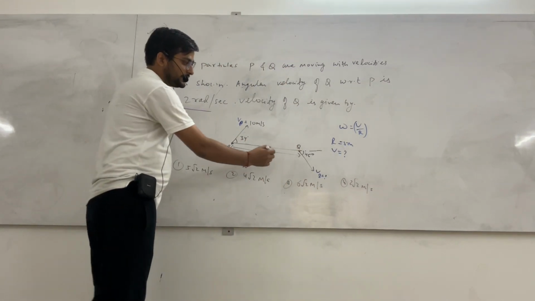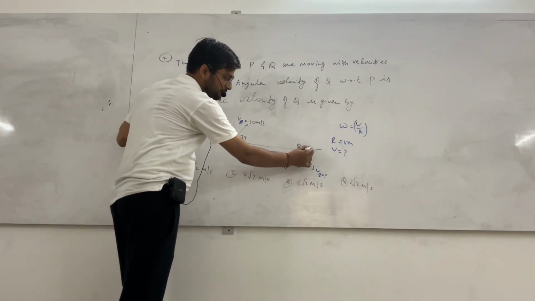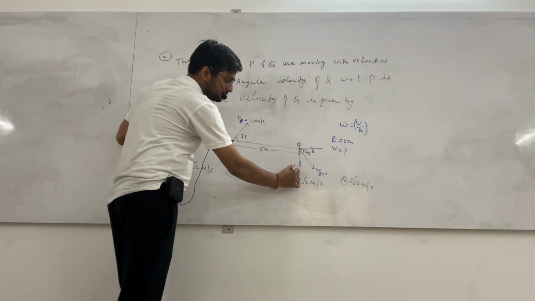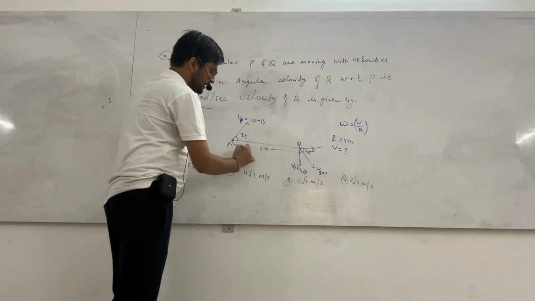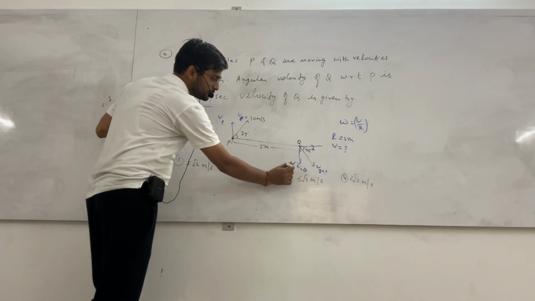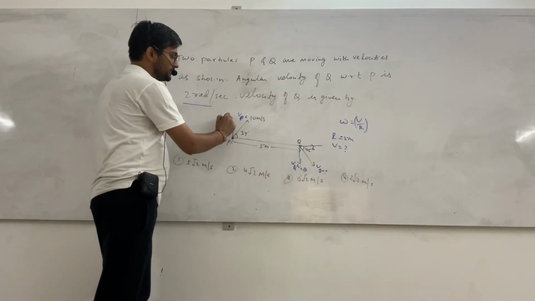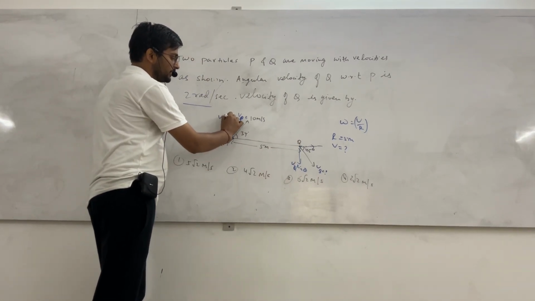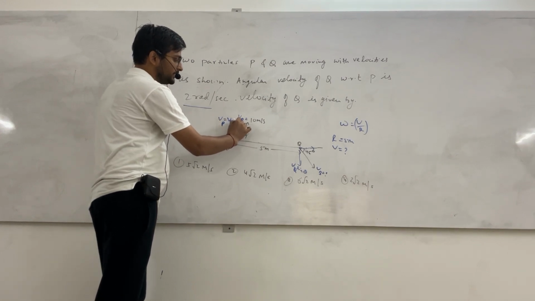We take the components of the velocities: the component of Vp is Vp sin theta, and the component of Vq, because the point is Q, is Vq sin theta.